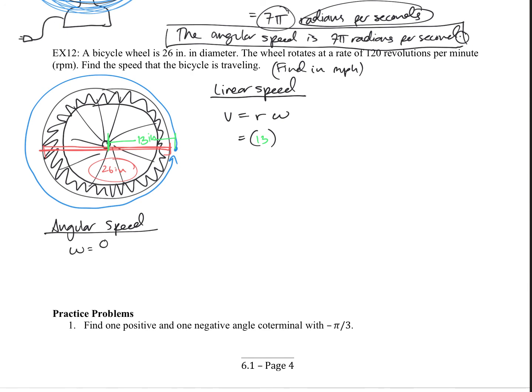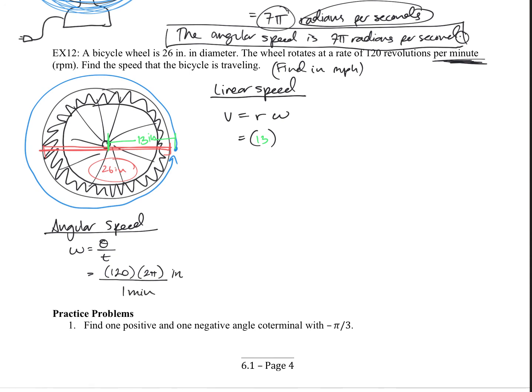So what is going to equal theta, and theta is the angle we're looking at. And that was 120 revolutions, so it's 120 times 2 pi. Because each time it went around once, it covered a distance of 2 pi. And it went around 120 times. And then we'll go ahead and divide that by time, which is per minute, so 1 minute.